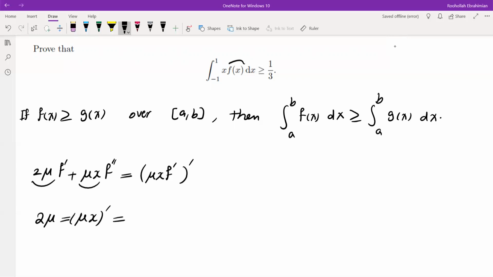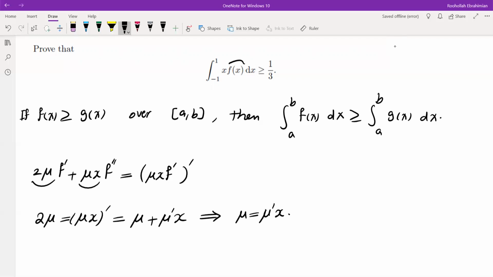So now we're going to have to find mu that satisfies this. This is mu plus mu prime x by just the product rule. And that gives you mu is equal to mu prime x. Now, this is going to be part of our scratch work, where we're trying to find a solution.